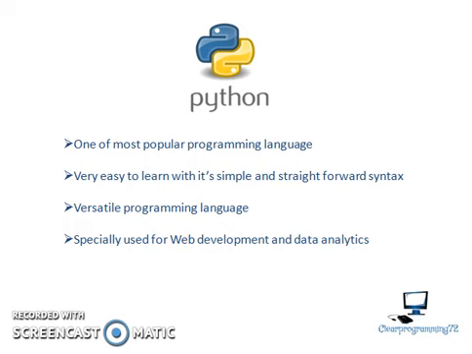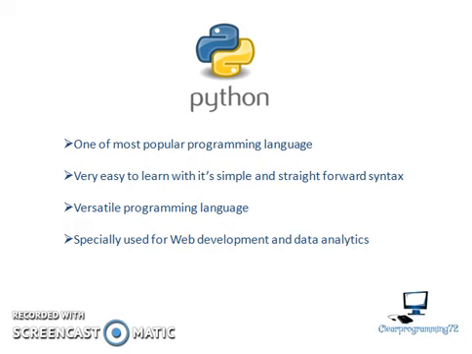Versatile in the sense Python can be used for web development, for data analysis, for machine learning and for a lot more purposes. You can also say Python is a one-stop shop. There is a Python framework for pretty much anything from web apps to data analysis.